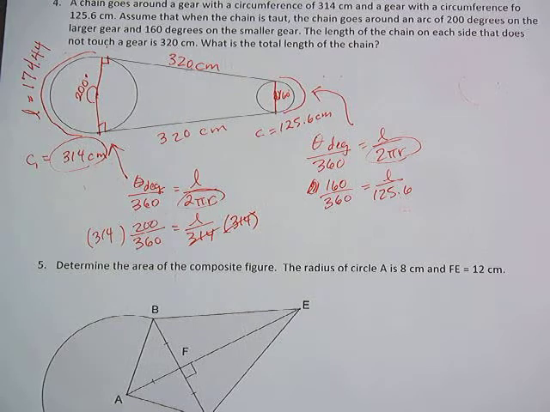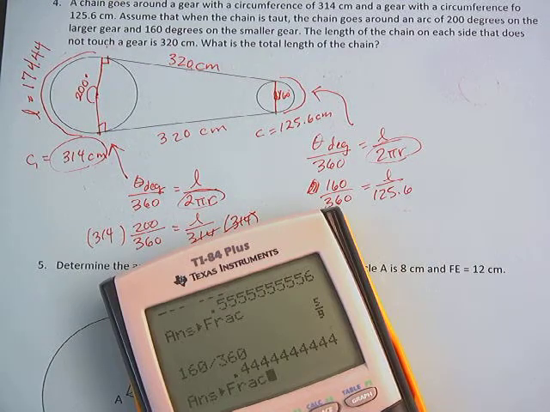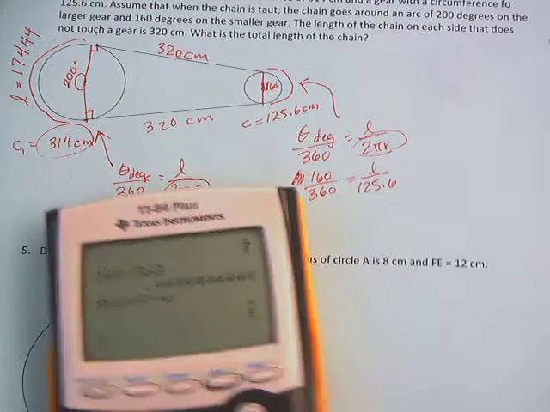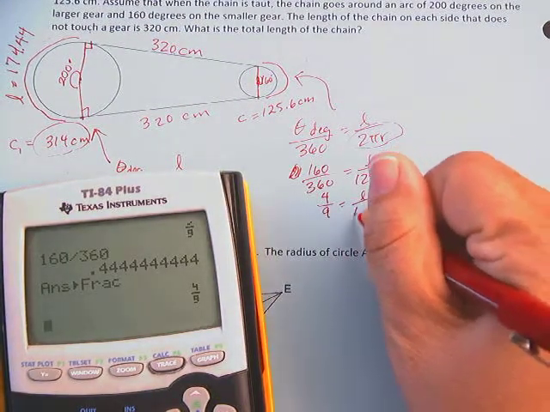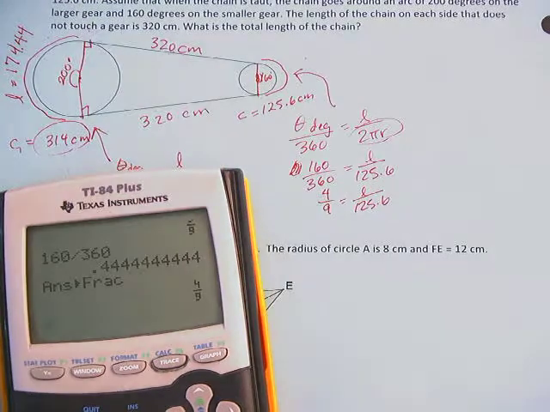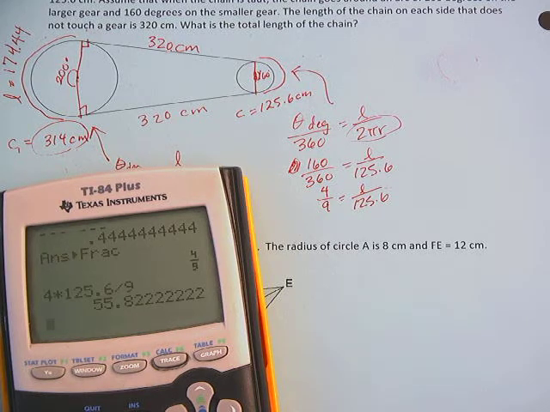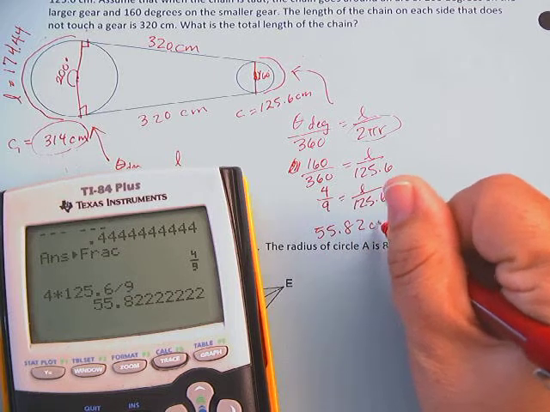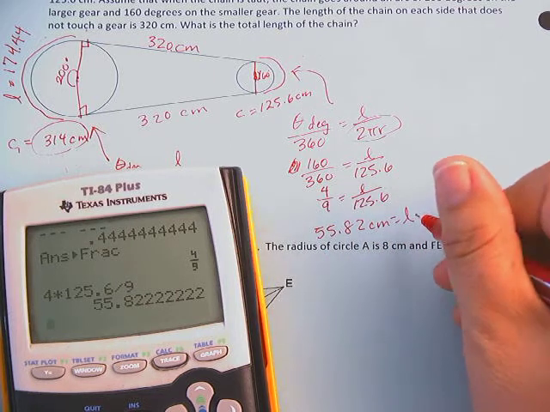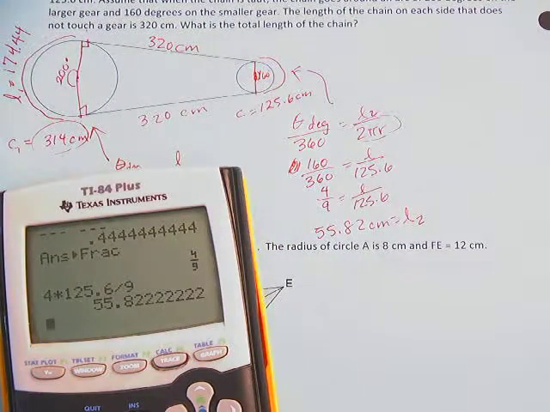So I'm dividing 160 by 360, and then I'm hitting math, fraction. This is 4/9. So I can go 4 times 125.6 divided by 9, and my length is 55.82 centimeters. For that one, we could call that L2, and this is L1.